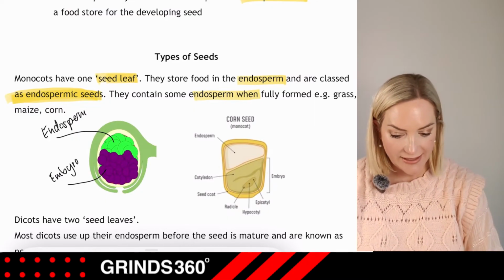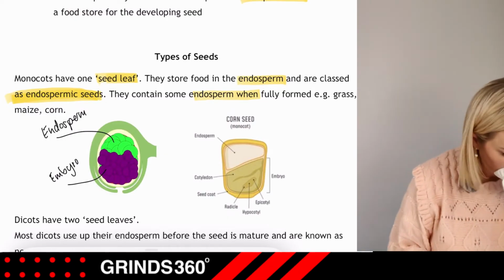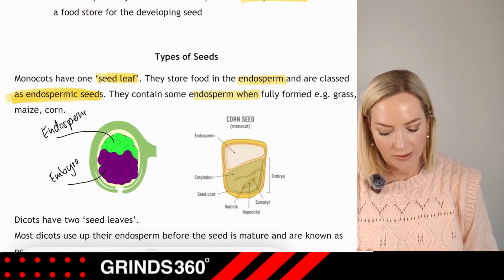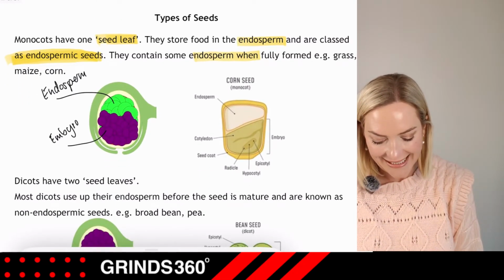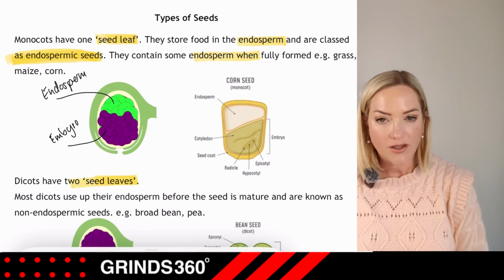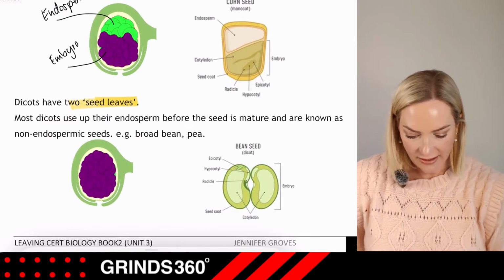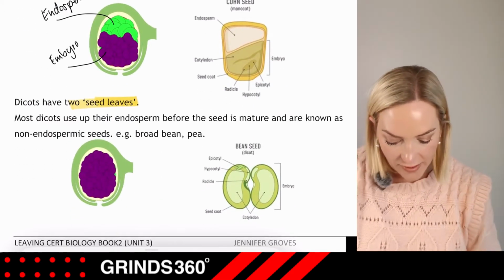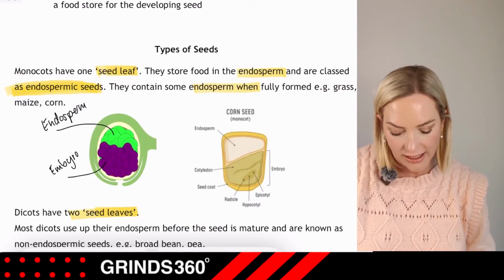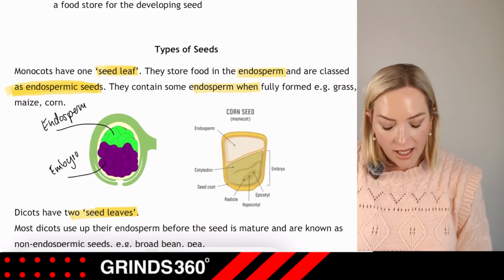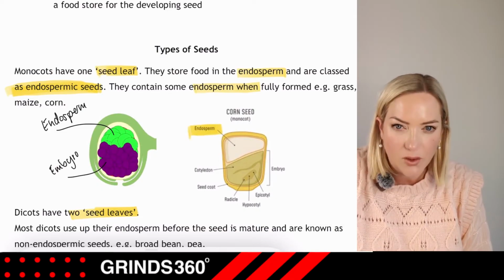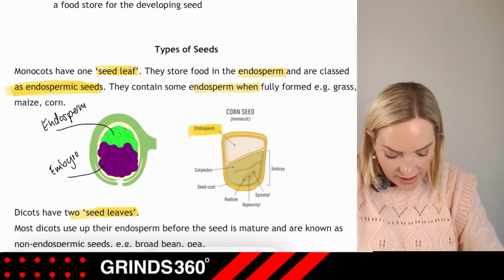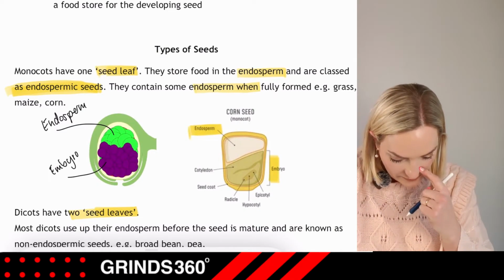Grass would be an example of an endospermic seed. Dicot means two seed leaves. Okay, so there's a difference if we look at the diagram. In my monocot endospermic seed, I can see I still have some endosperm, and here is my embryo.